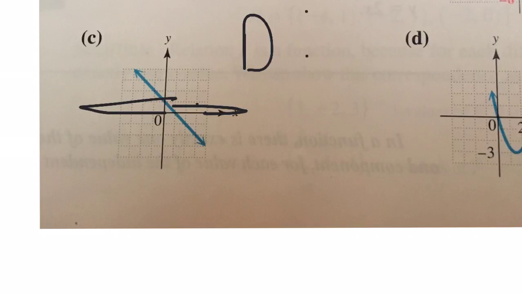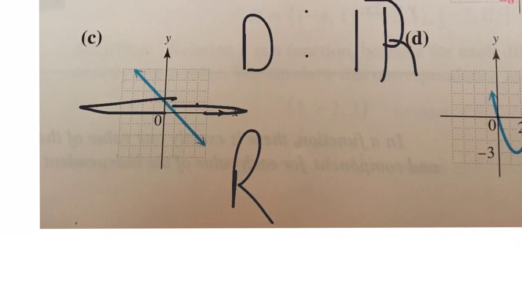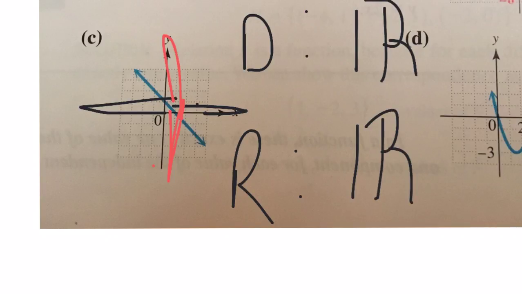Since it keeps going in either direction, the domain would be all real numbers, which we denote with the weird R symbol. Likewise for the range. The graph keeps going on forever and ever in both the upward and downward direction, so the range would again be the set of all real numbers.